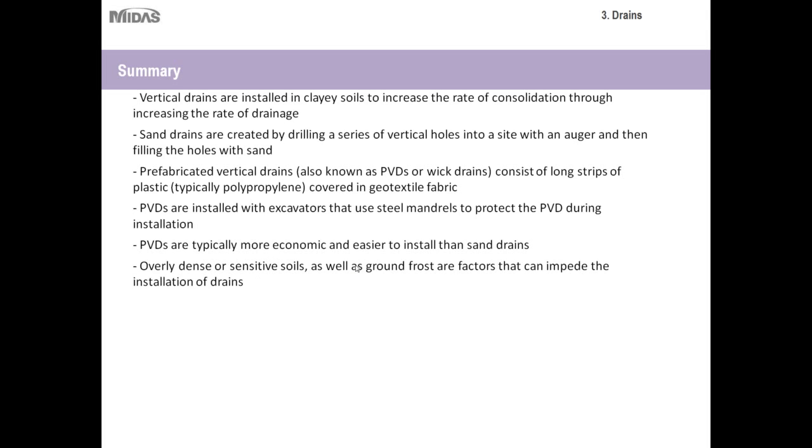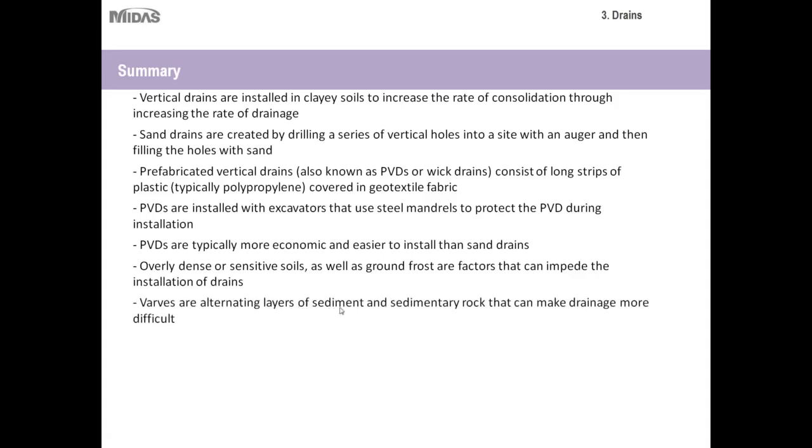Or if you're installing them during a winter period, when the temperature is below freezing, then the water won't drain. Like I said previously, drainage is usually done during the warmer months, so the water can drain without having to worry about freezing.